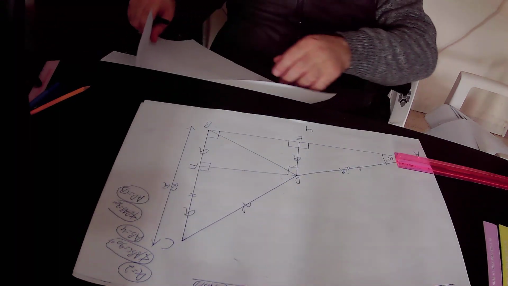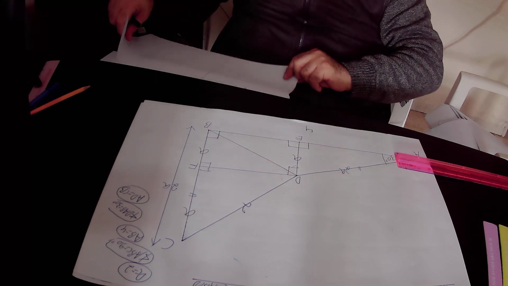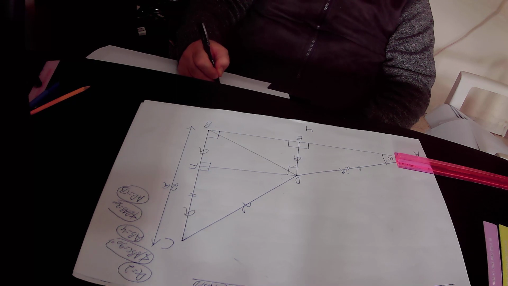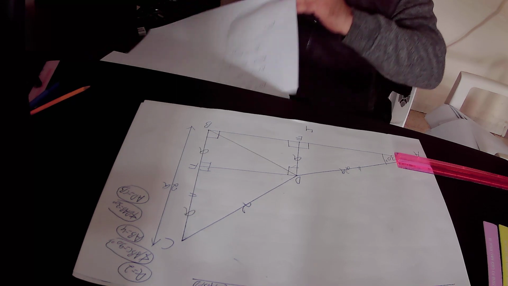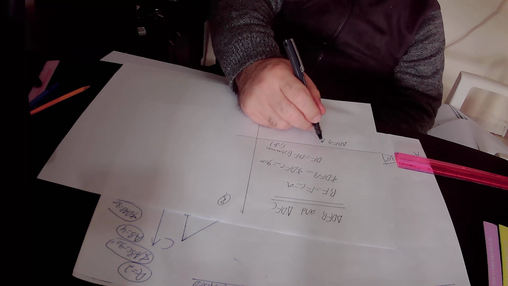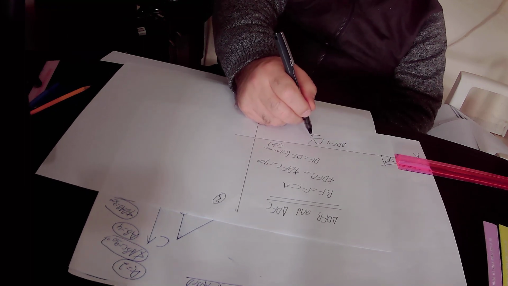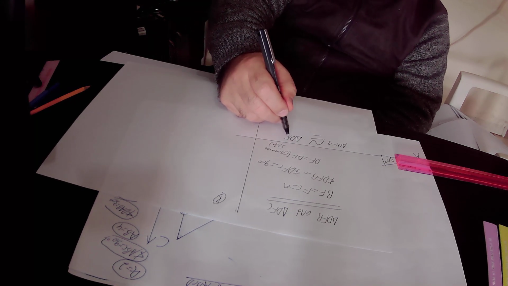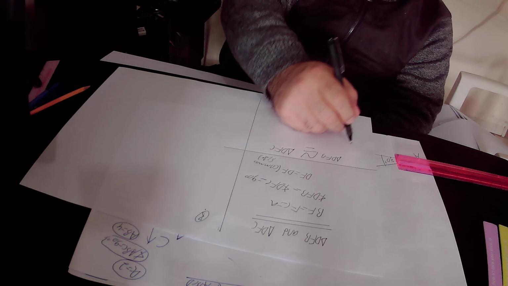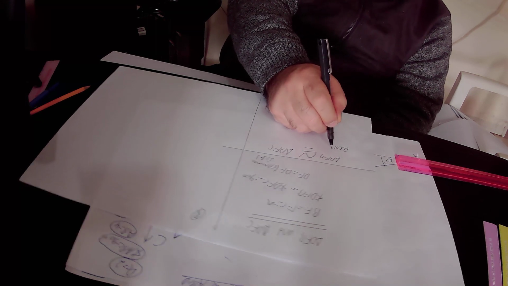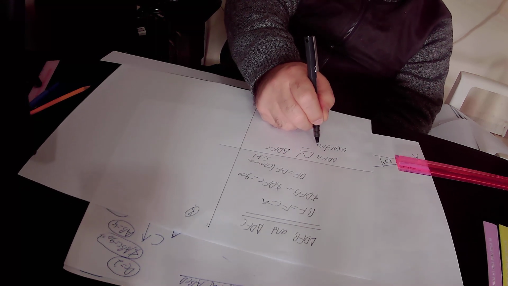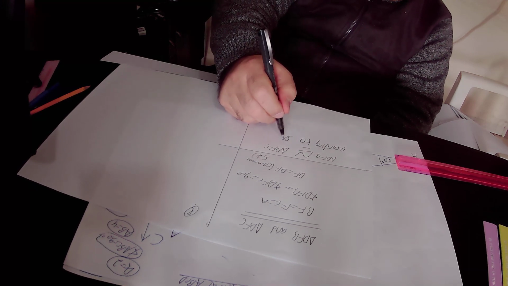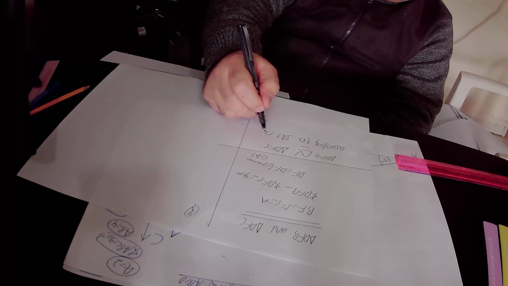So we actually proved that this triangle DFB is congruent to triangle DFC according to the side angle side rule.